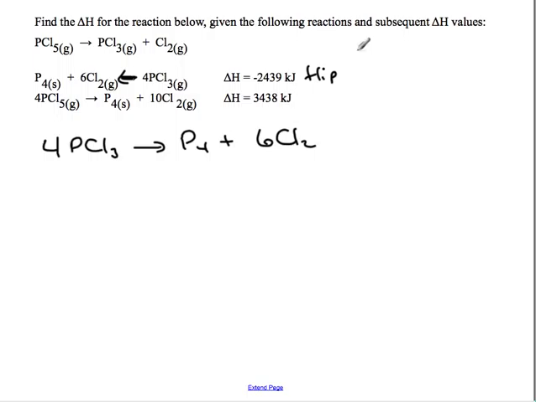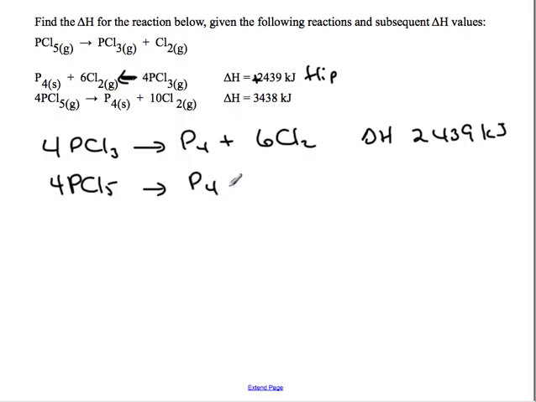Now remember, since I flip, this becomes positive. So this is delta H of 2,439 kilojoules. For the second one, notice that PCl5 is on the left-hand side, which is where I want it, so I want to keep it on the left-hand side. So this is 4 PCl5 makes P4 plus 10 Cl2, and that delta H is going to be 3,438 kilojoules.